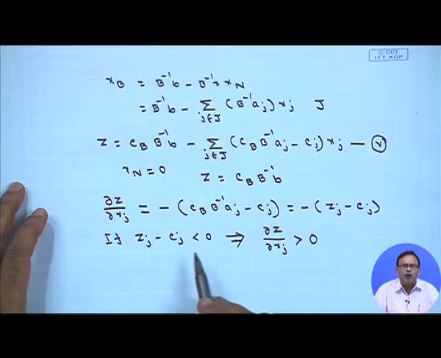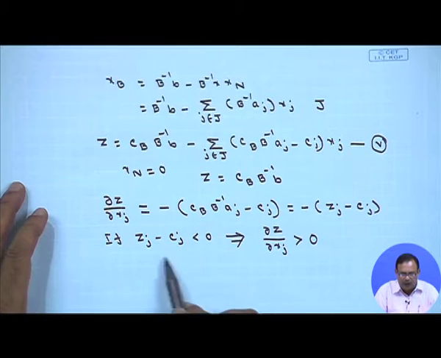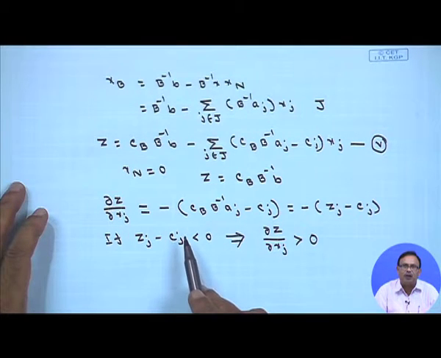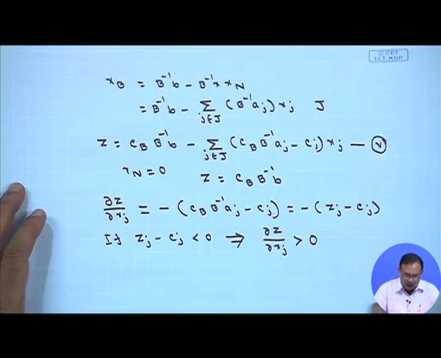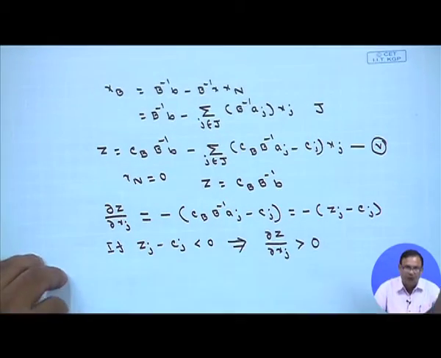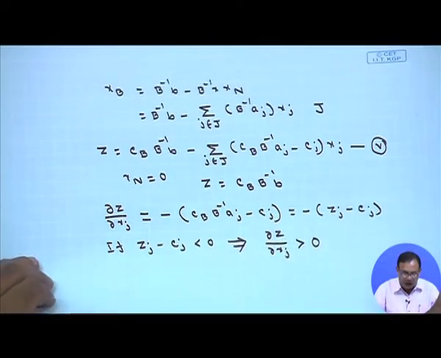That means, whenever I manipulate our table, I will check which variable should enter into the basis. For that we will calculate the value of Z j minus C j, and we will choose the most negative Z j minus C j, so that we get the maximum value of the objective function z. This we will use whenever we are doing the algorithm.